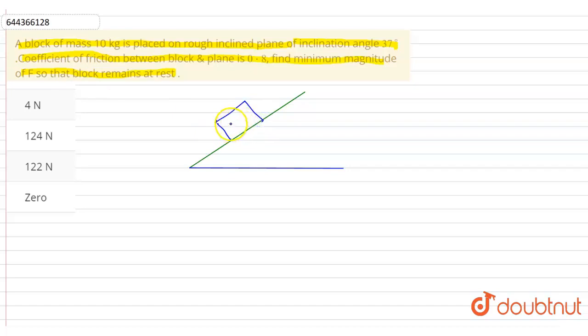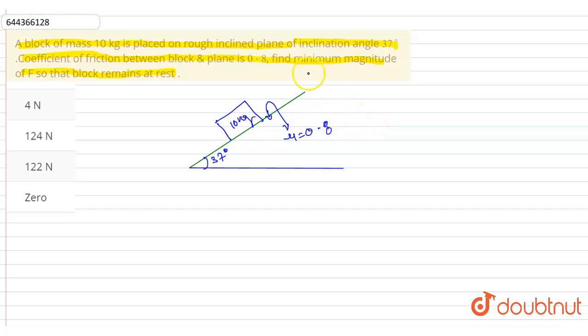Let's say this is the block of mass 10 kg. And the angle of inclination of the plane is 37 degree. And another thing is the coefficient of friction between plane and block is mu equal to 0.8 as given in the question.